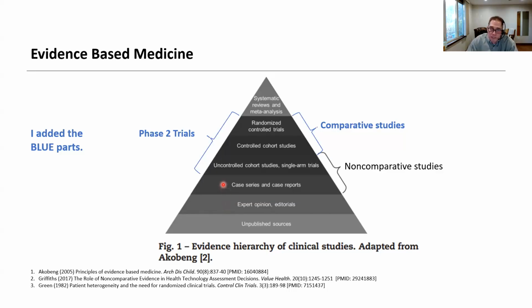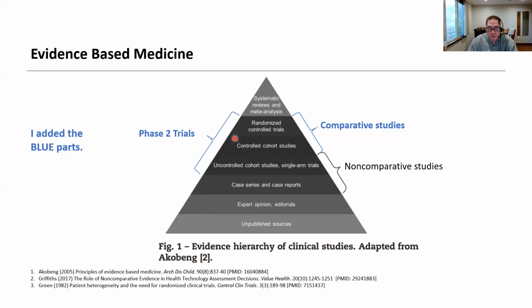These are individual patient studies, or maybe very small cohorts. Then non-comparative trials, uncontrolled cohort studies or single-arm trials, maybe some of you have heard of a single-arm Simon phase two. This is often a design used in a non-comparative study.